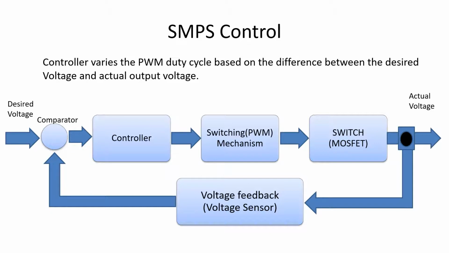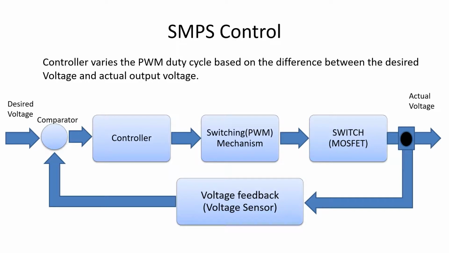To switch the static switch, it can be a MOSFET or IGBT. Based on the PWM, the pulse width modulation, the duty cycle, we get the output. Because of this feedback mechanism, the output is maintained constant. So this is how the SMPS works.